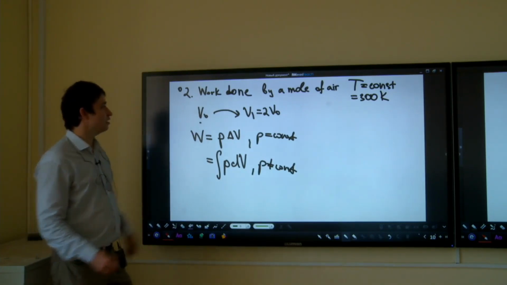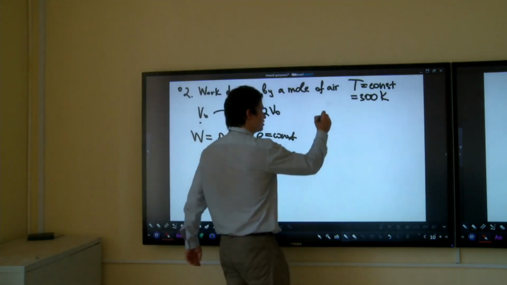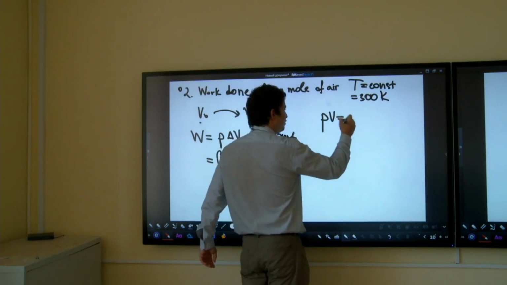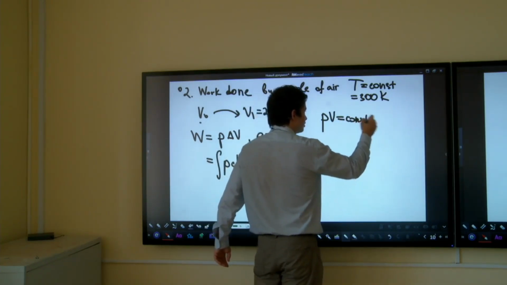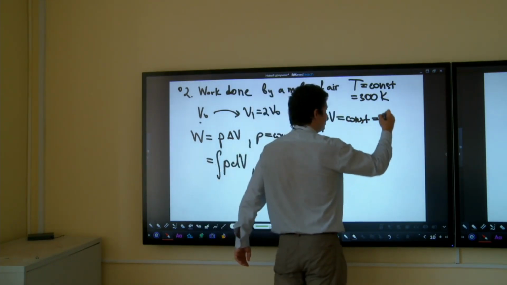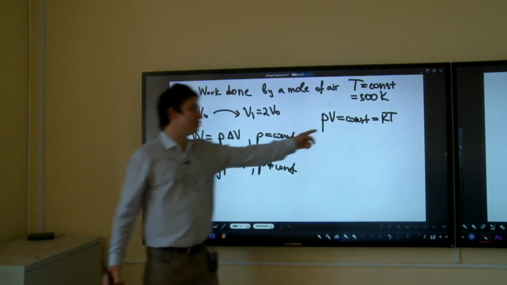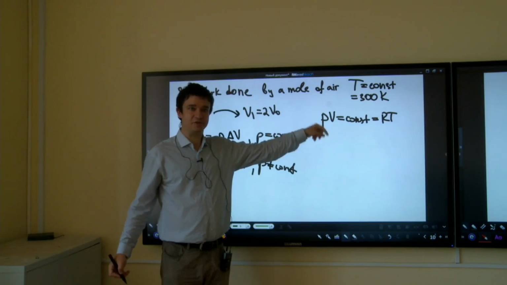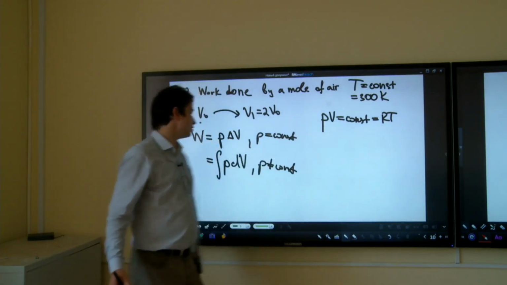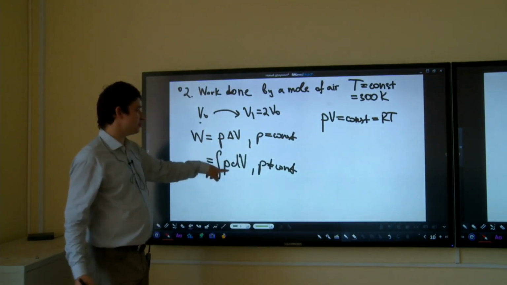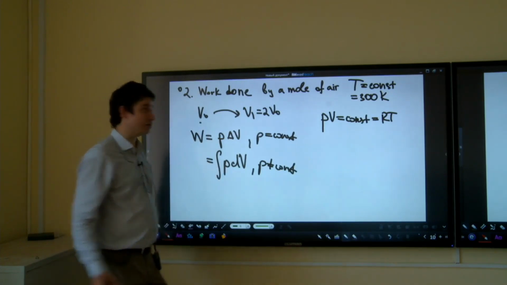Here we know the temperature is constant. That's why PV is constant. For 1 mole of gas, P is equal to RT over V. As you increase the volume, pressure is dropping, and to include this we need to replace this by integration.